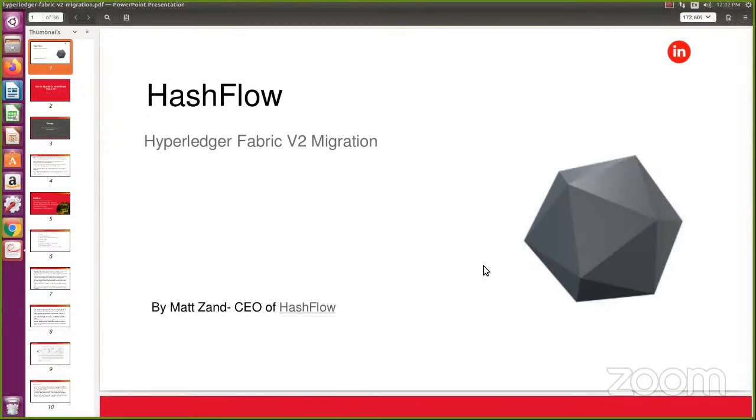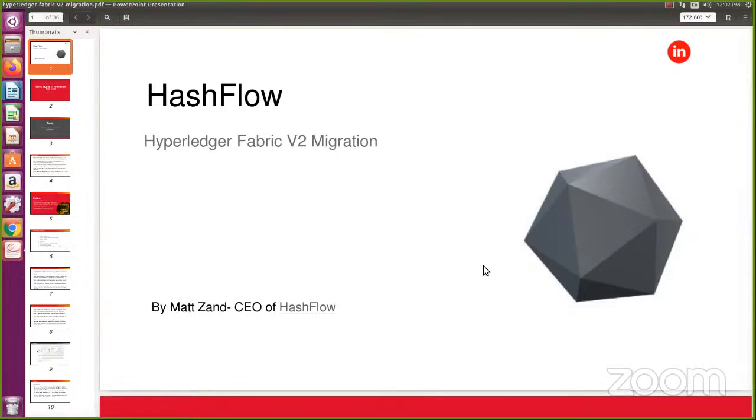One of the reasons for me to do this talk and presentation is that at Hashflow, we have a couple of clients that ran into the issue of Fabric migration to version 2. Version 2 came out last year, and there was a bit of discussion around what the best practices are to do this.